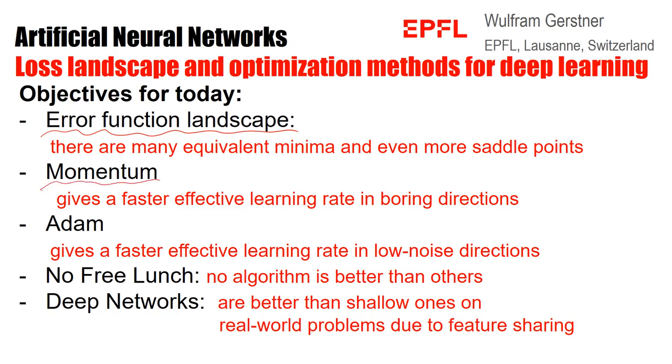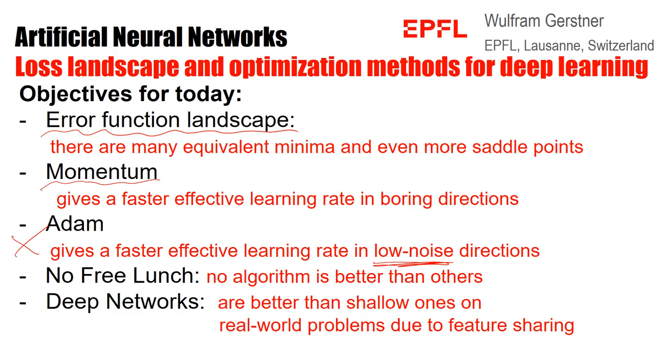Momentum is nice because it gives a faster effective learning rate in boring directions, and it slows down in directions where it would oscillate otherwise. So effectively, it suppresses oscillations. On top of this, an algorithm such as Adam gives a faster effective learning rate in low noise directions. The noise here is meant in the sense of mini batches or stochastic gradient descent.